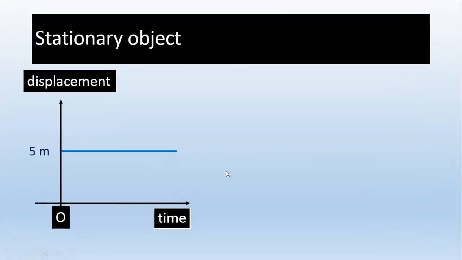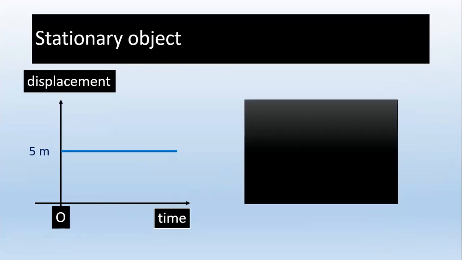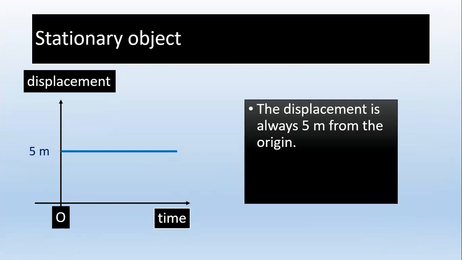Right? So you should be able to read the graph. If it's constant distance, or constant displacement, as the time increases, that means the object is not moving, it is stationary. So the displacement is 5 meters from the origin. That's all we know, and it's not moving, so the object is at rest, or stationary.